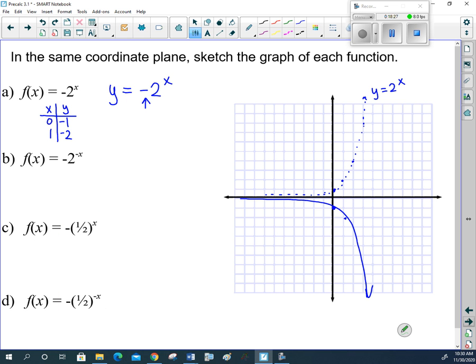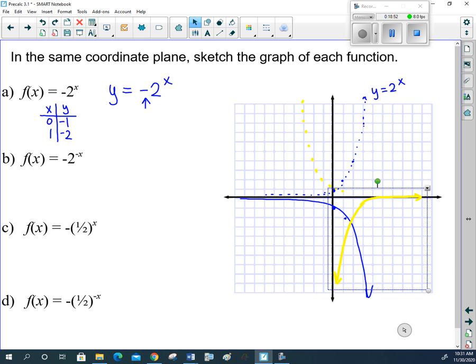It originally went like this, right here. So we're going to reflect it down, and so it's going to go the other way. It's going to go this way and down like that.